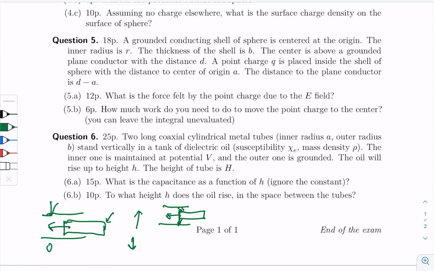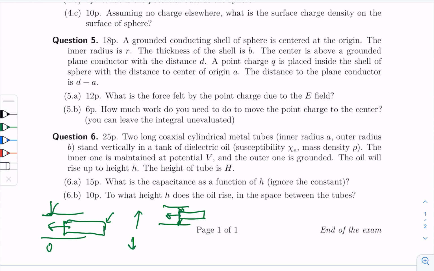So what I'm saying is that you should be expecting the finals or the midterm to be of difficulty level similar to the homeworks, or most of the time easier than the homeworks. I noticed that in question 5 a lot of you gave very complicated results for this image method, but I hope you now know that there only needs to be one image point, right?